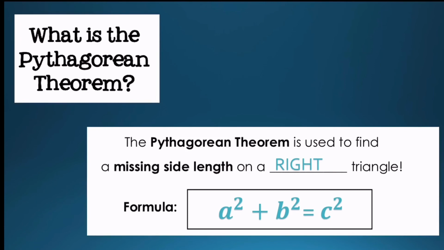The c squared always has to be by itself. The c squared is always your longest side. This formula tells me if I take my two legs and I square each one, meaning multiply them by themselves, when I add them together, it'll be the square of C.